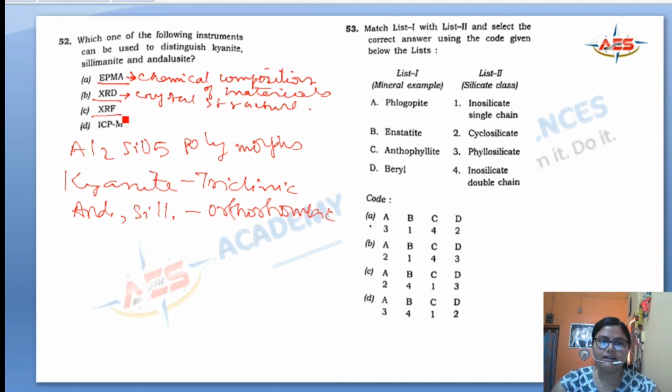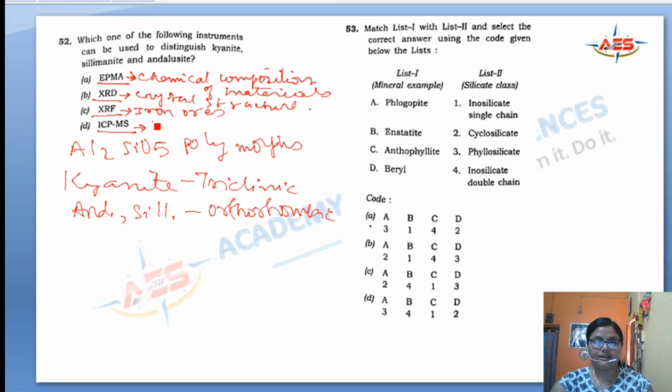Then the XRF method, X-ray fluorescent method, is generally used for the iron ores. And the ICP-MS, the inductively coupled plasma spectroscopy, it is used to measure the elements at trace level in biological fluid.